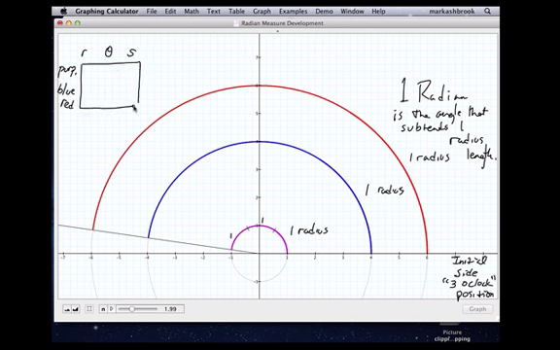You're going to write out what the radius is, what the angle theta is, and S is our notation for the total arc length.